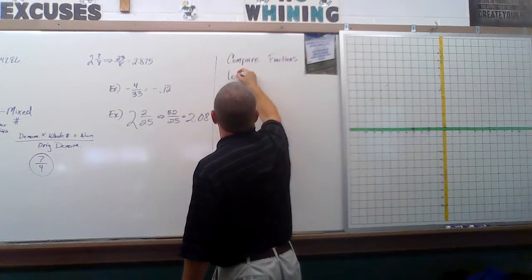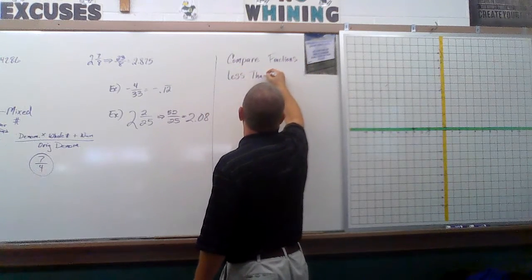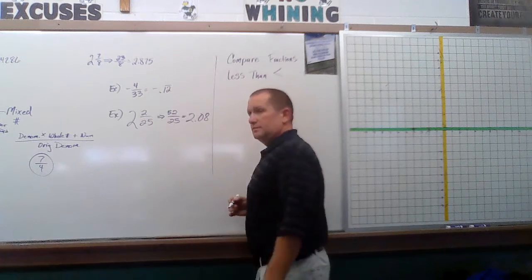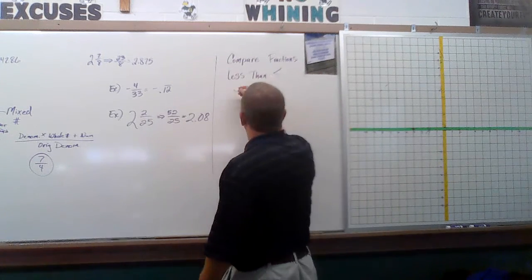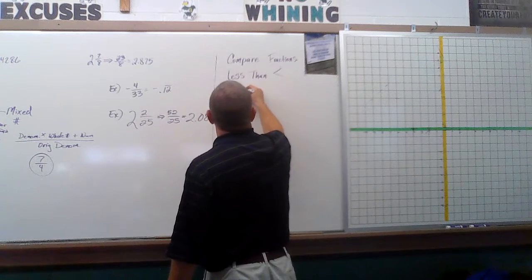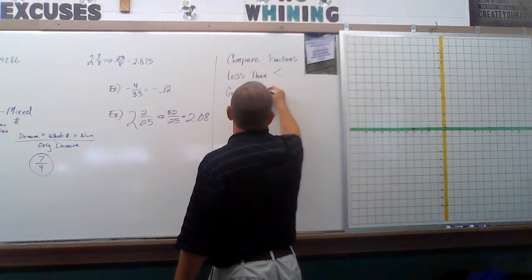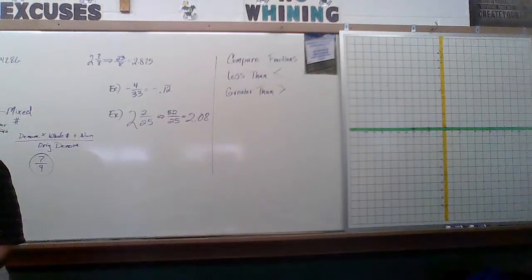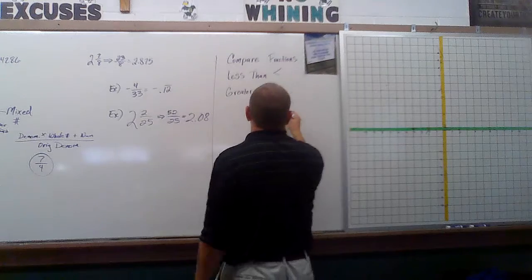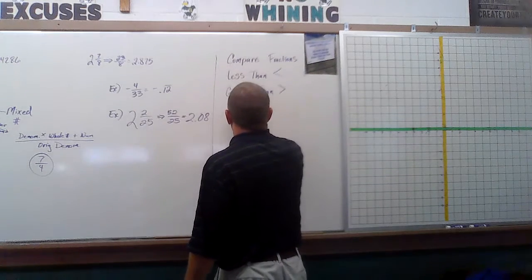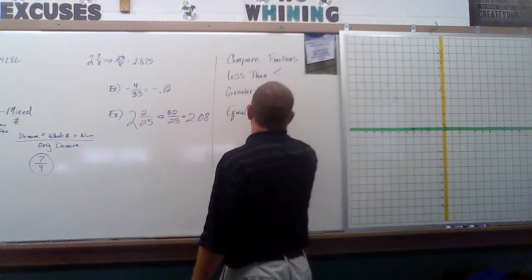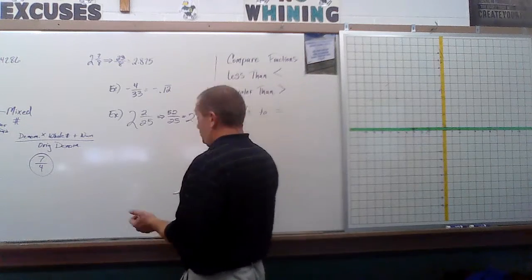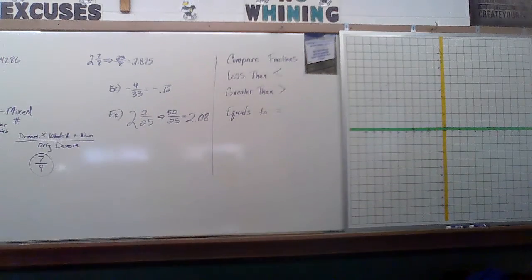So, less than typically looks like an L, right? If you tilt your head. Greater than typically is obviously the other way. And then we could have, as you said, equals to. Now, when we talk about less than or greater than, one of the things that you have to realize is how you're reading the problem.